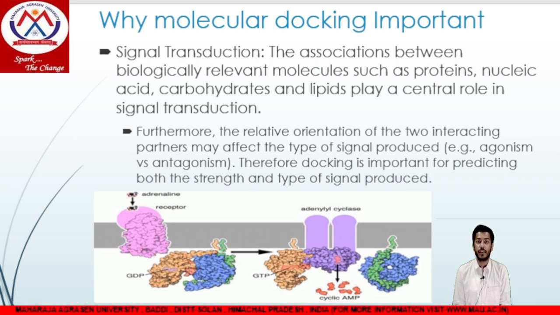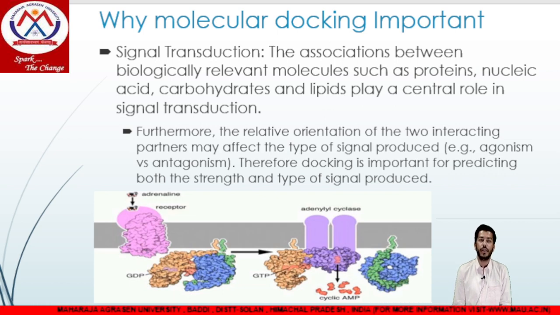Furthermore, the relative orientation of the two interacting partners may affect the type of signals produced, for example, agonism versus antagonism. Therefore, docking is important for predicting both the signals and the type of signal produced.